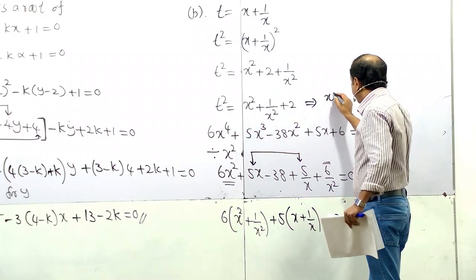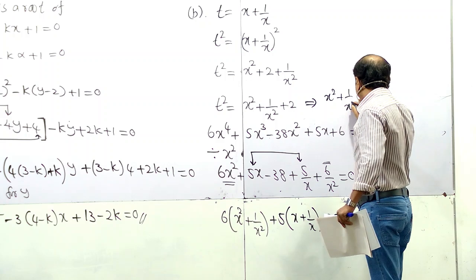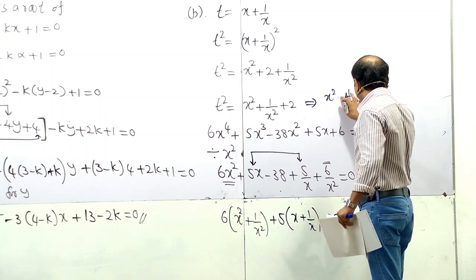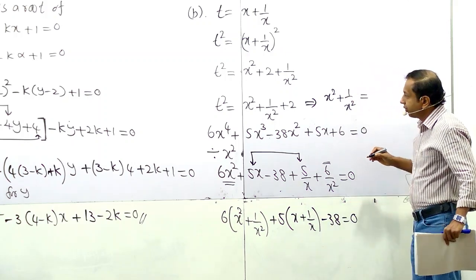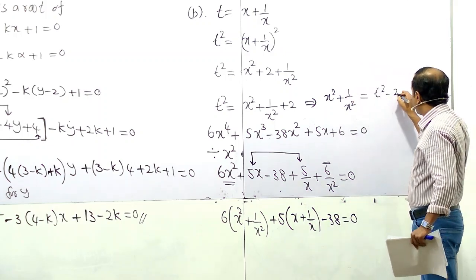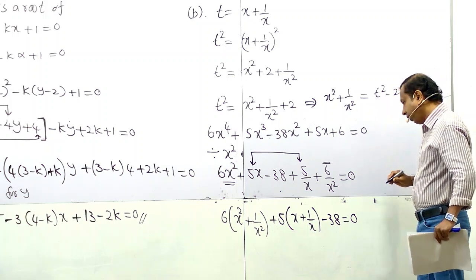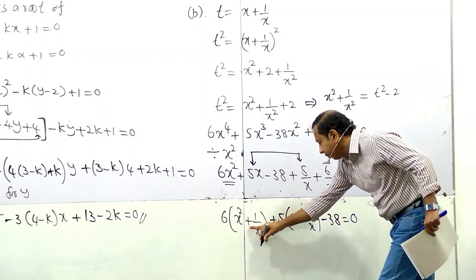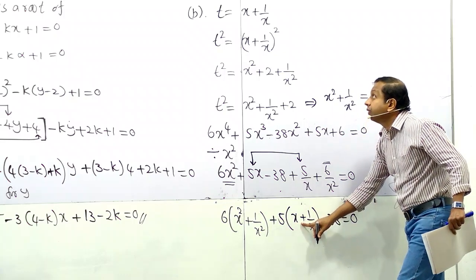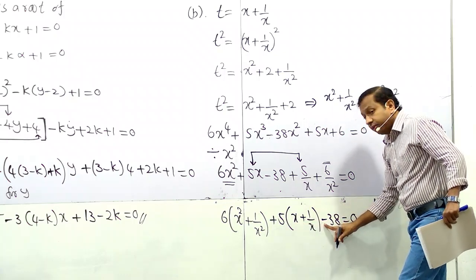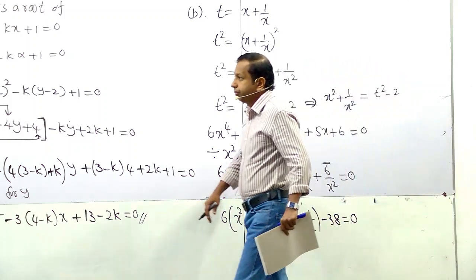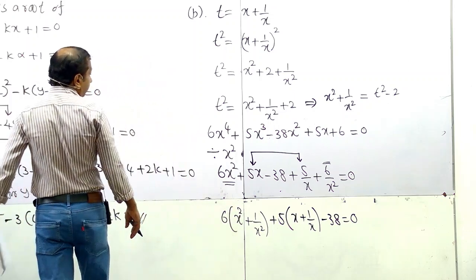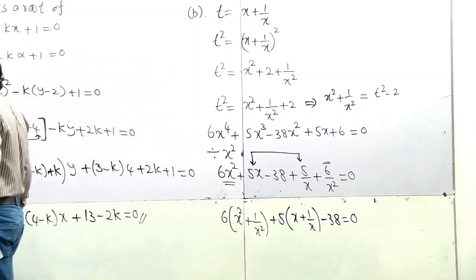So x squared plus 1 over x squared is equal to t squared minus 2. Then I can put here t squared minus 2, here t, here minus 38. Simplify that, you get the next answer.